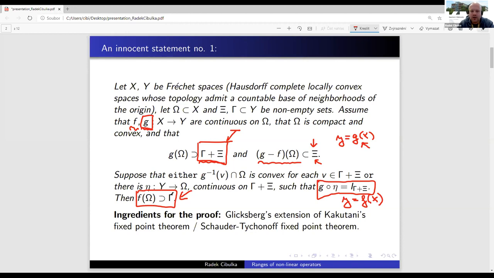So if you have the first assumption, the convexity of the preimages, then you apply this Glicksberg extension. And if you have continuity of the selection of the inverse, then you can apply directly the Schauder-Tikhonov fixed point theorem to get this result. So this is quite an innocent result, but I want to spend a lot of time on the consequences of this innocent result.